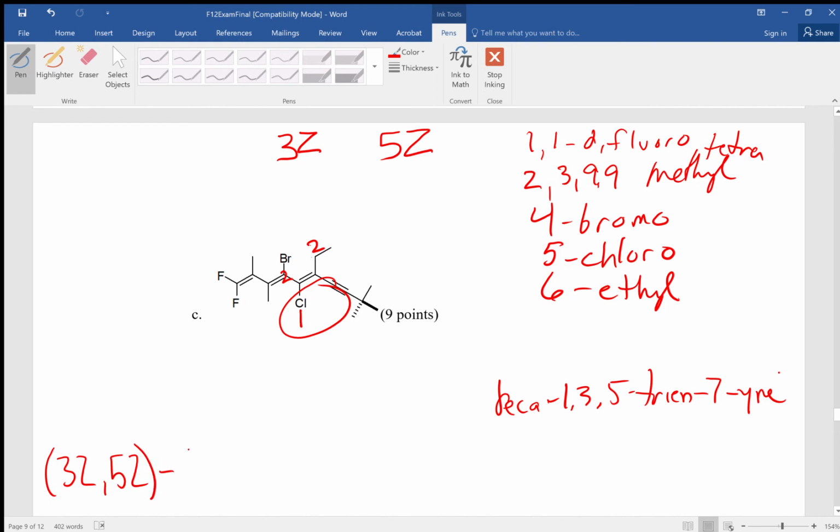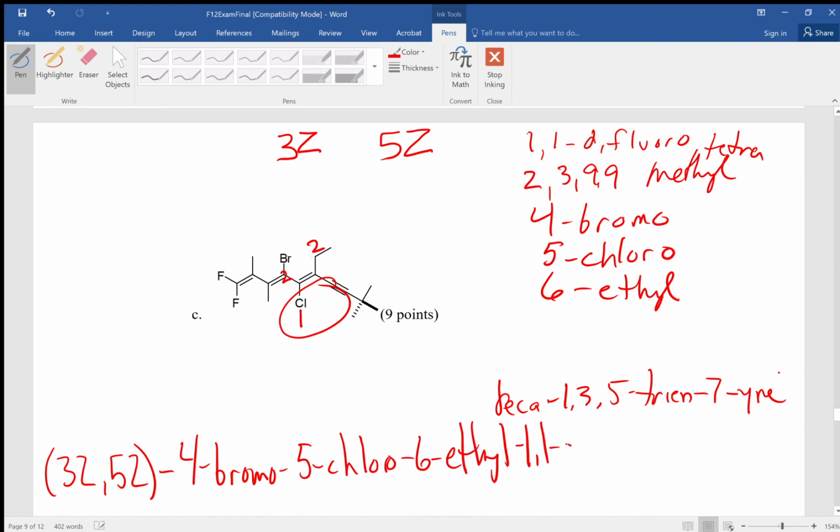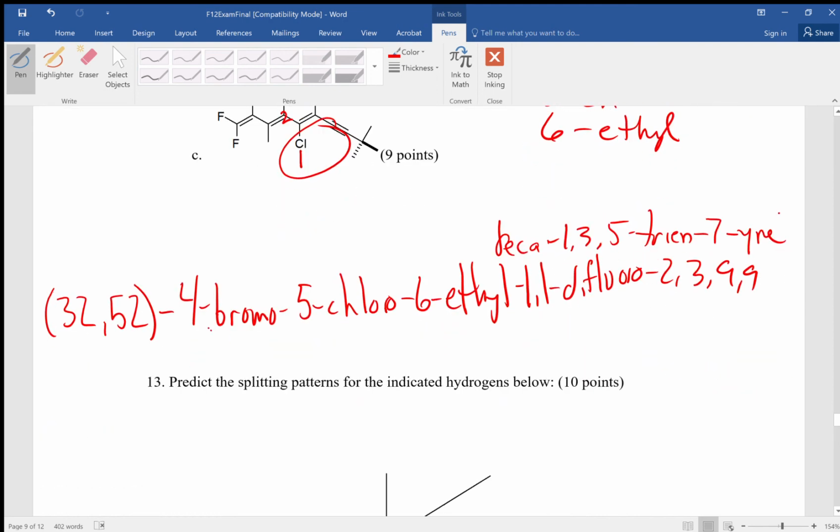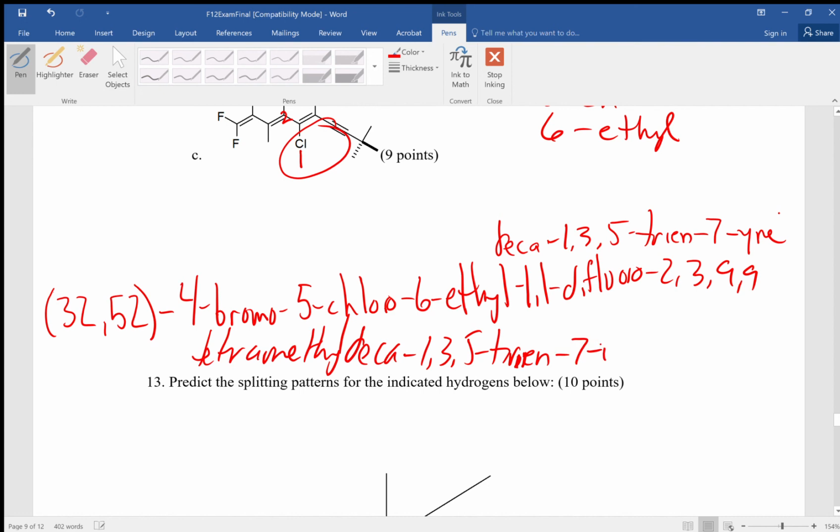Then we put our substituents in alphabetical order. 4-bromo, 5-chloro, 6-ethyl, 1,1-difluoro, 2,3,9,9-tetramethyl, deca-1,3,5-trien-7-yne.